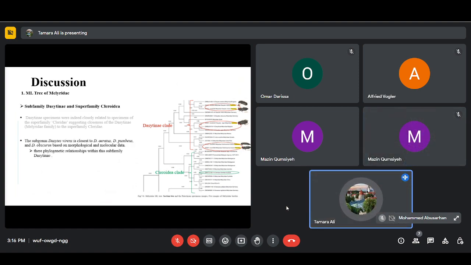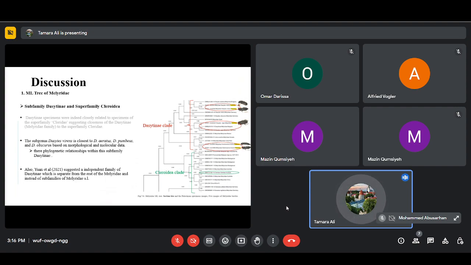These results are also the subgenus of Dasytes virens is close in the phylogenetic tree to Dasytes aratus and Pampios obscures, and these results are consistent with previous studies that have shown the close relationship between Dasytes species based on morphological and molecular data.